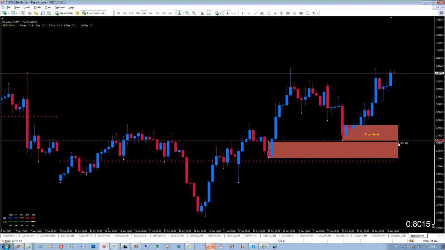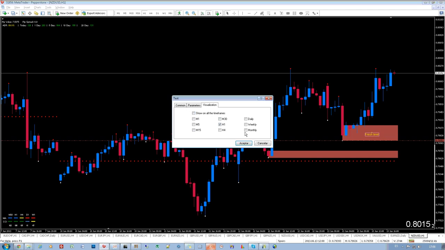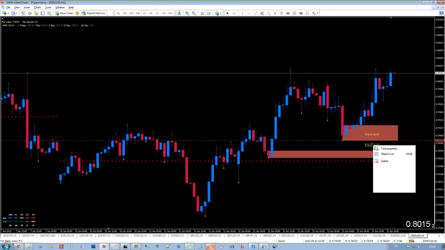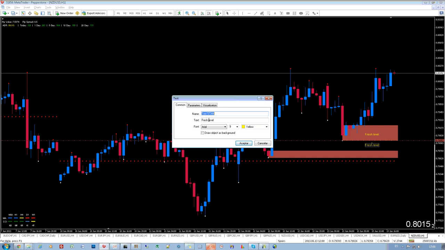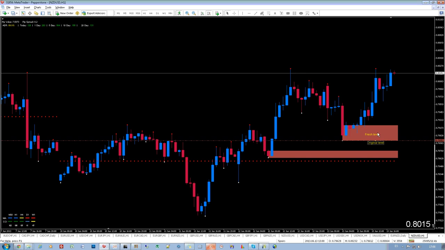If you take the level like this, then it is a reaction, of course. If you take the level like this, it is not. So this level is fresh, and it is also an original level. Why? Because it was created not being a reaction to anything when looking down and left.